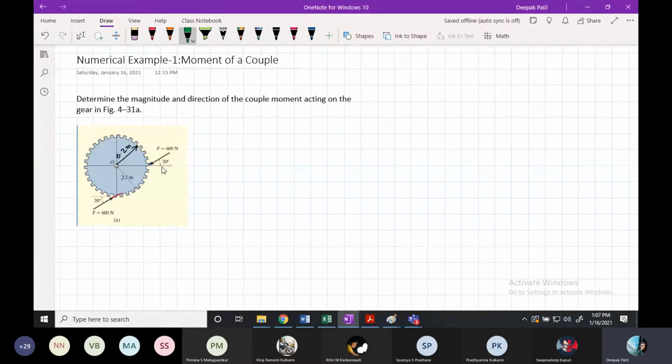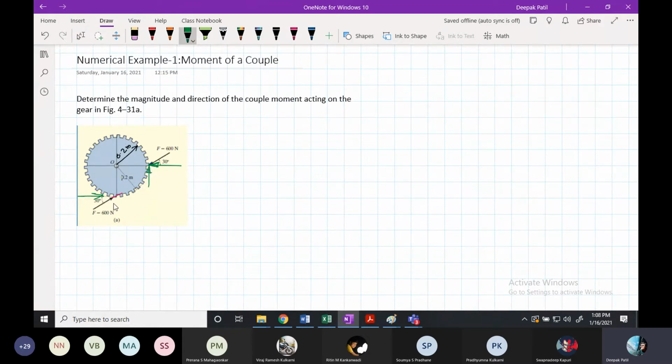Let me mark the x and y components of both the forces. The x component of this force will be in this direction, and the x component of this force will be in this direction.